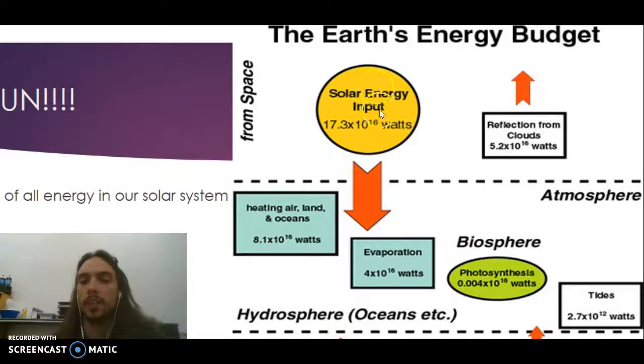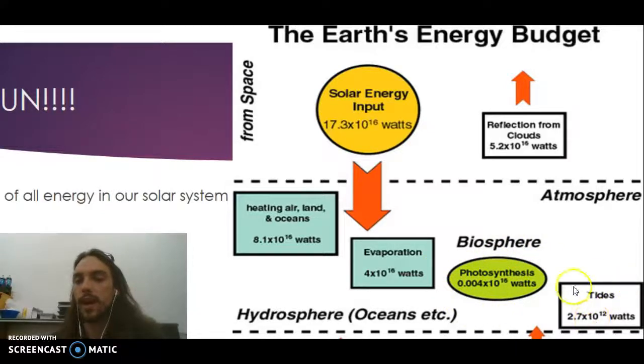So the sun inputs energy. This is the amount of energy that it inputs. It's a lot, and that's constant. So then we get this in forms of UV radiation, this energy coming into our atmosphere. Some of that energy goes towards evaporation. Some of it goes towards heating the air, the land, and the oceans. Much of it goes to that, actually. A very, very small portion of it goes to photosynthesis.